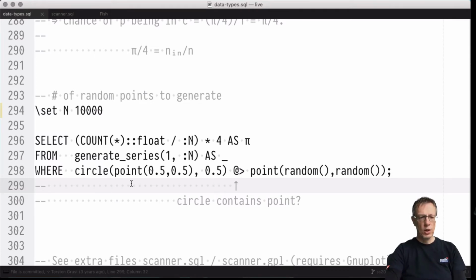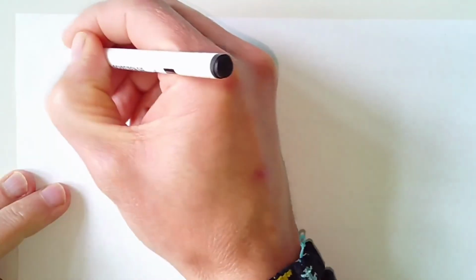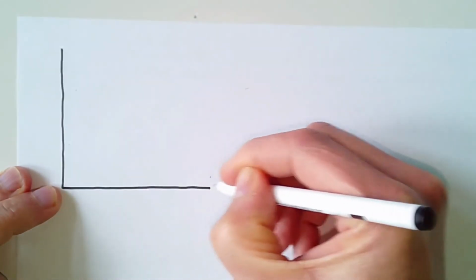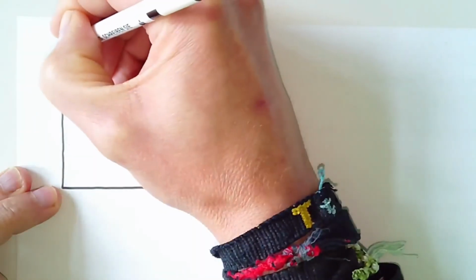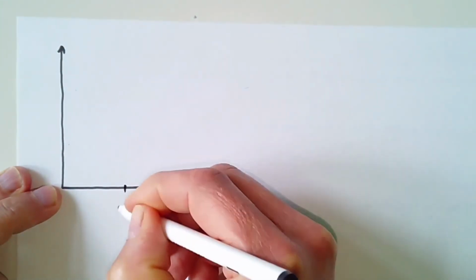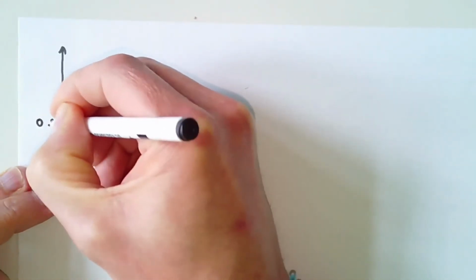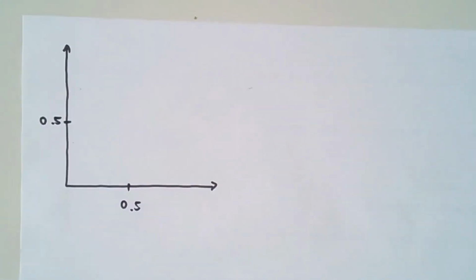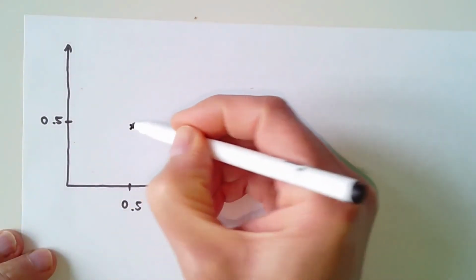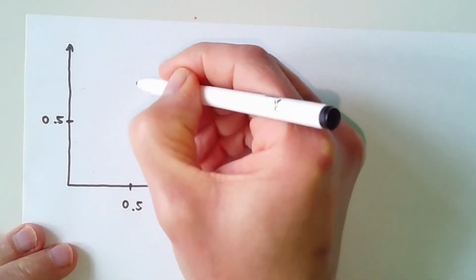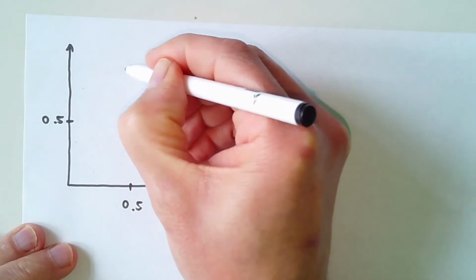So let's see what circle I'm actually describing here. We are in the 2D plane, and the circle I was describing there is located at 0.5, 0.5. This will be the center of this circle, and the radius of that circle would be 0.5. So let's see whether I can draw this circle.